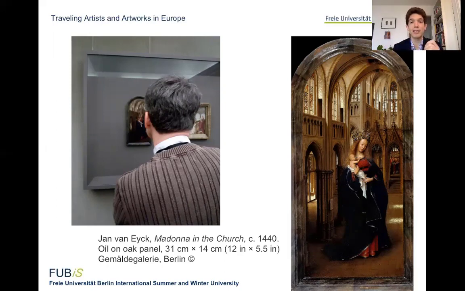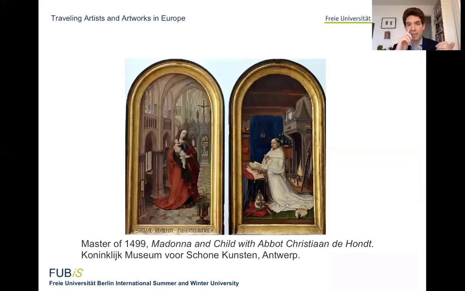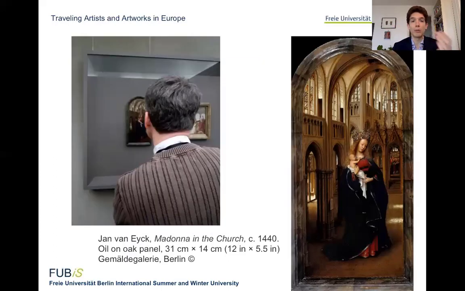You have to imagine that this diptych could be closed and brought with you while traveling, but also you could come closer to it in order to look at all the details that Van Eyck painted in it.